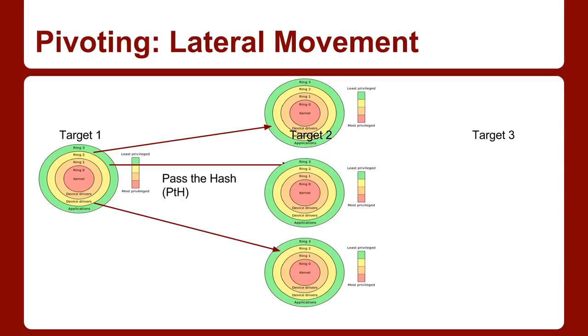Usually when you log on to many of the old school remote shell style protocols, you would enter in a password, and even for Windows and stuff like that, it would hash it locally and then send the hash over the wire instead of just sending the clear text password over the wire.